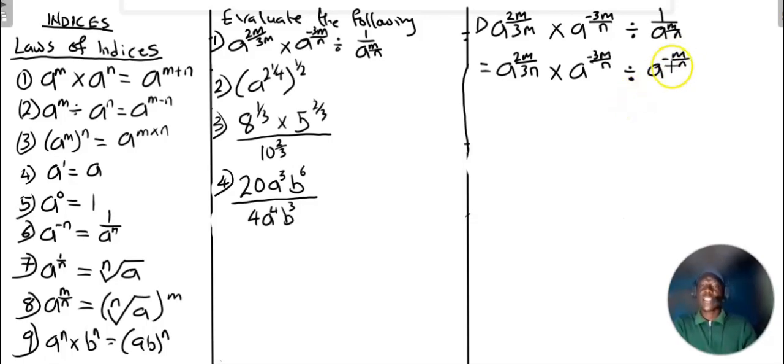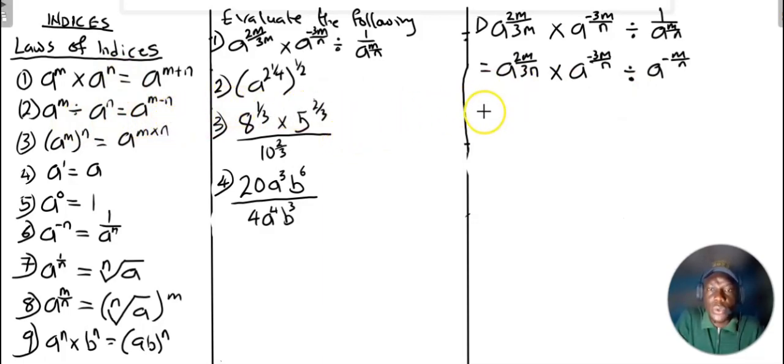Now it has a negative sign, we apply this negative index law, law number 6. So in this case, we can now apply the multiplication law here. That says that when you have numbers of the same base multiplying, you add their powers up. Then when they are divided, because we have a division sign here, you subtract their powers. And that's what we are going to do.